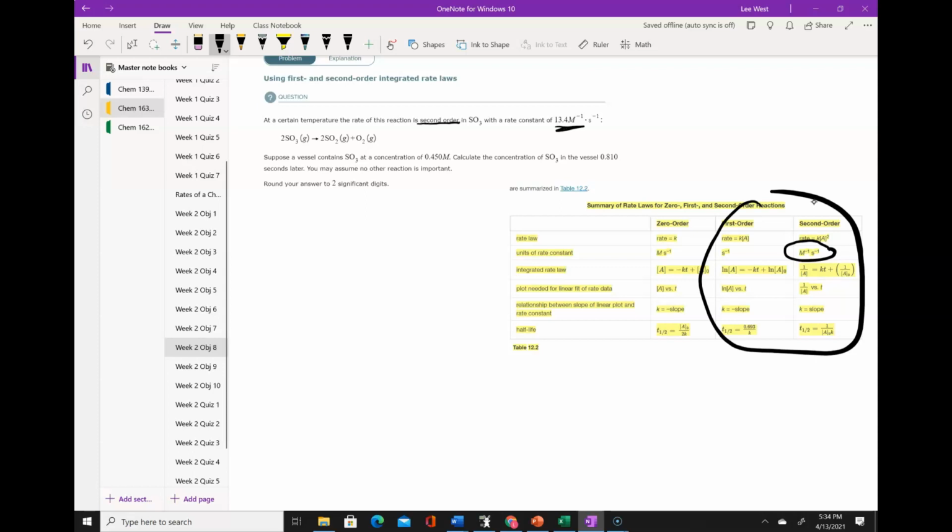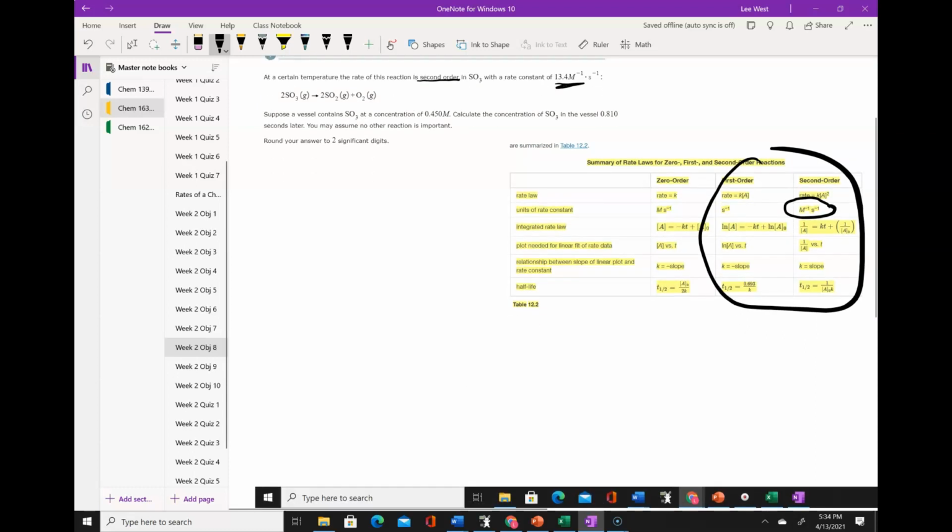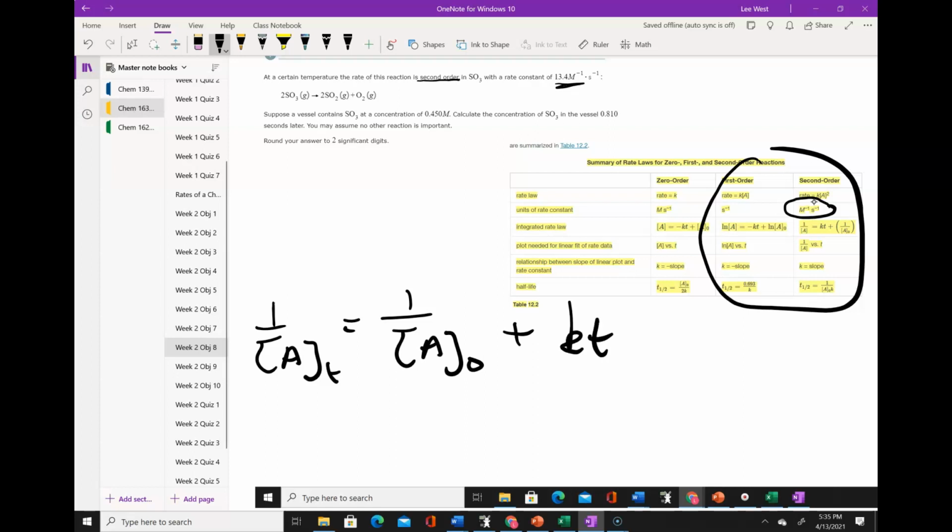Okay, that's it there. Suppose a vessel contains SO3 at a concentration of 0.45. Calculate the concentration of SO3 in the vessel 0.810 seconds later. Well, this is just the same as what we had before. So 1 on the concentration of the SO3 at time t will be 1 on the original concentration plus kt.